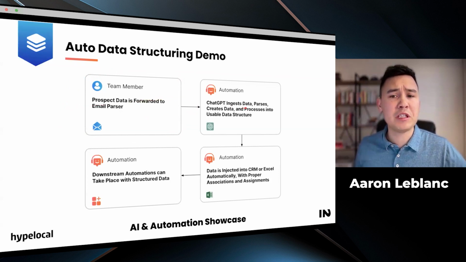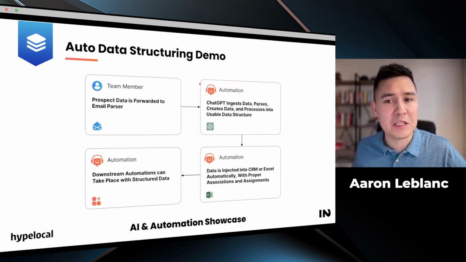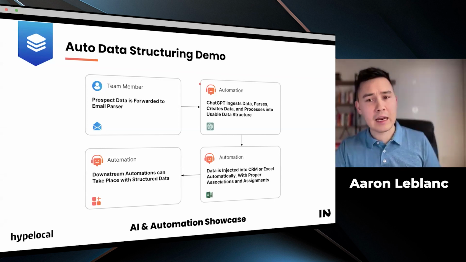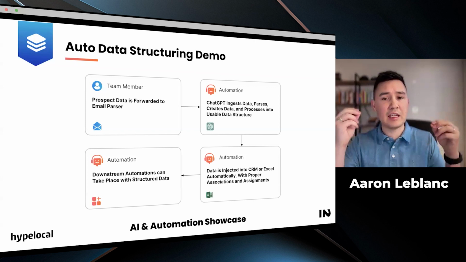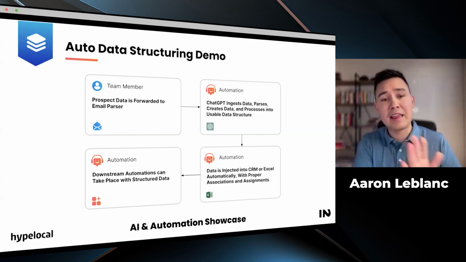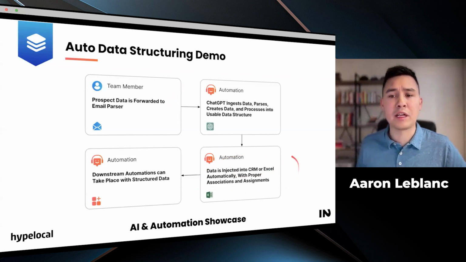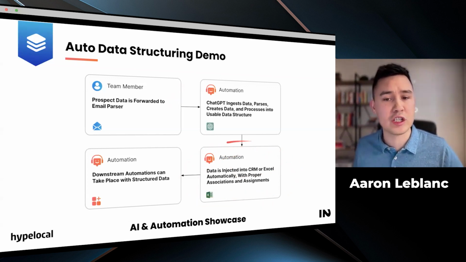And we use Zapier to watch that inbox and then send that data into ChatGPT. ChatGPT ingests the data, parses the data, creates the data structures, and then processes it into something usable that we can then automatically inject into a CRM, into an Excel or Google Sheet, right? With all of the proper associations and assignments.